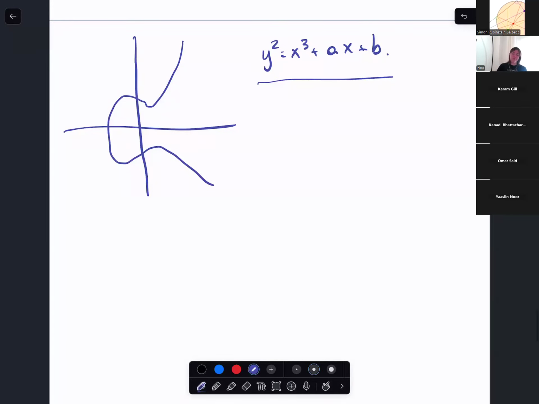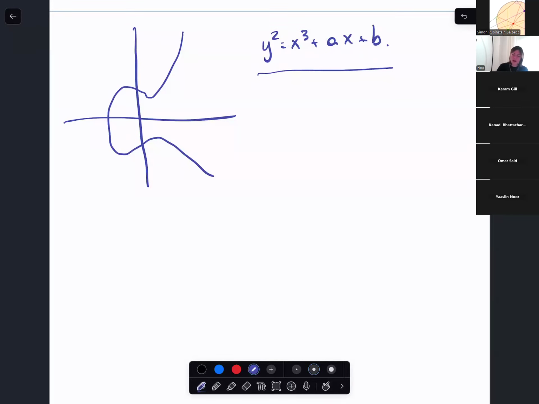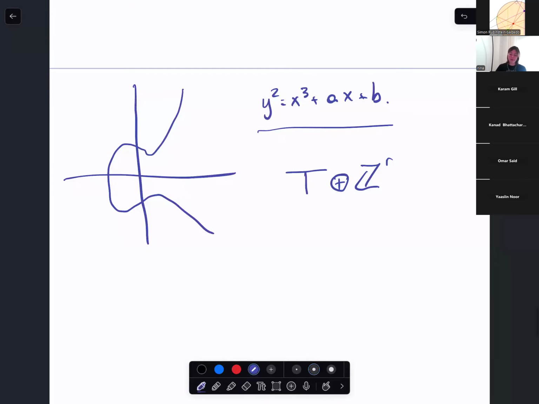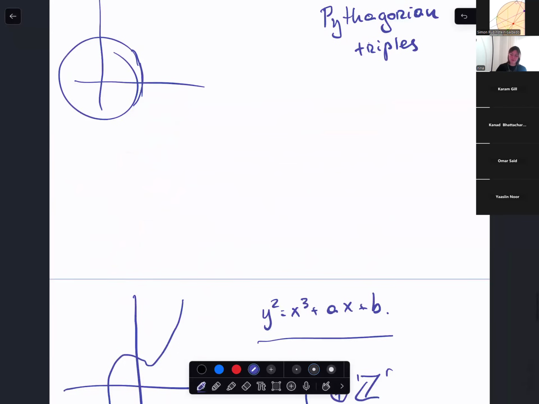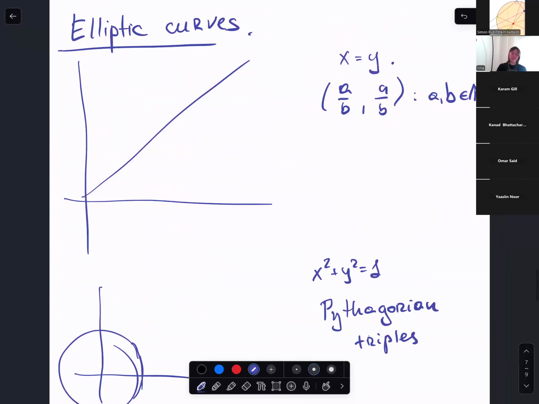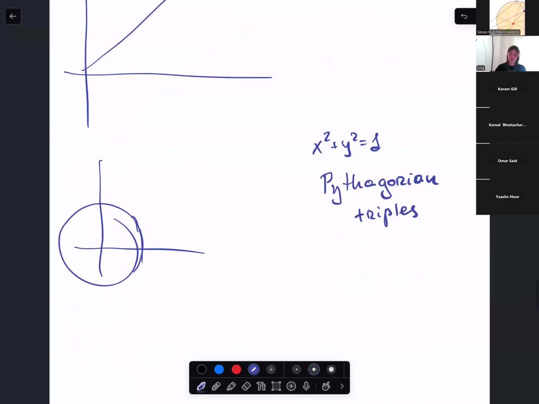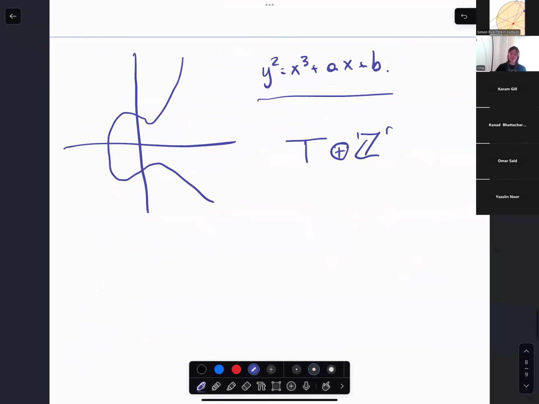But what we do know theoretically is that the set of points, even though we don't know what it is, it always has to have a certain form. So it turns out that there's secretly a group law on this curve, kind of like there always is on a line as well. You can take 2 points, you can add them, you'll still get a rational point. Turns out it's a slightly more sophisticated law, but there's always a group law on the set of rational points of an elliptic curve.